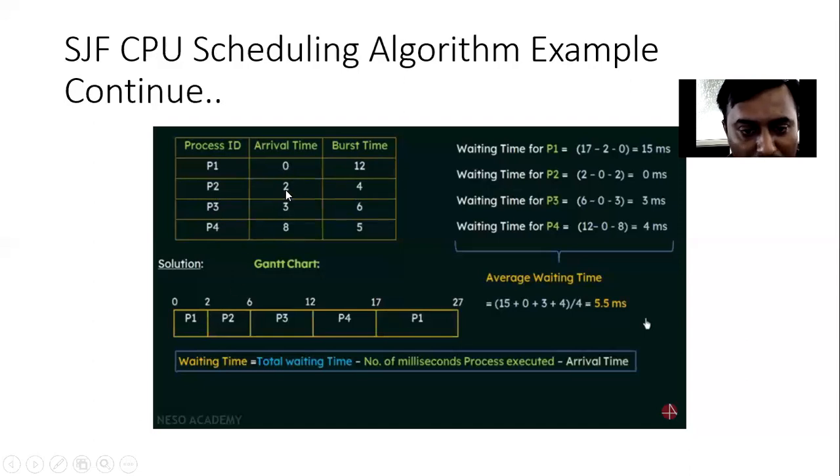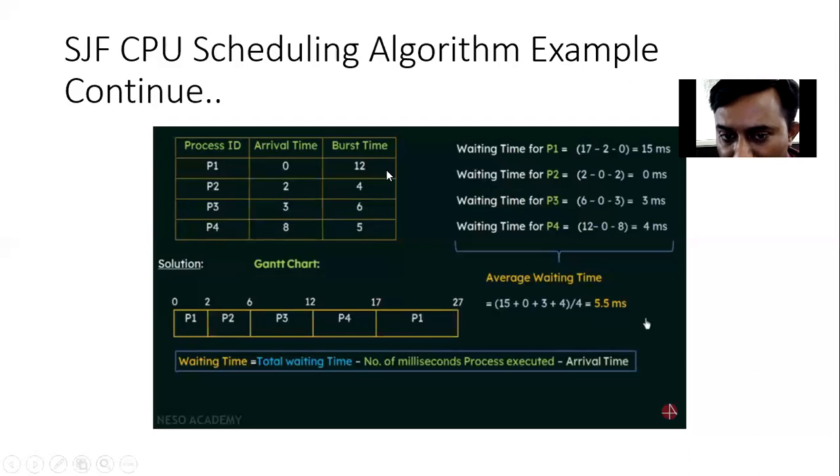But before that, we need to consider that P1 has already executed for 2 units. So the initial value of the burst time as far as the P1 process is concerned was 12 units. Yes, but P1 has already executed for 2 units. So now what is the remaining time of P1? 10.